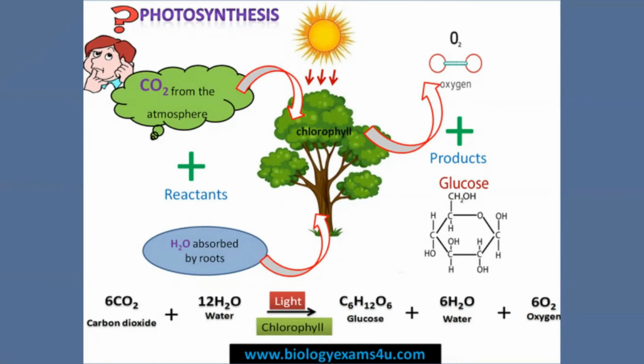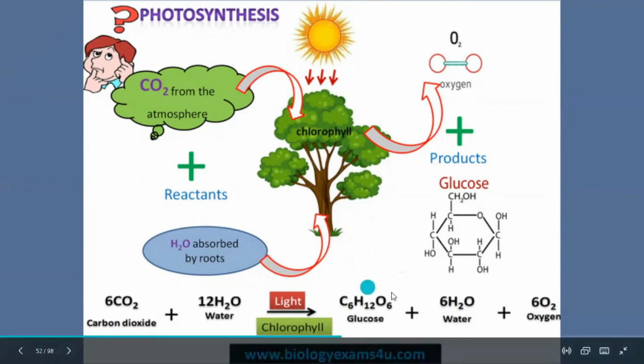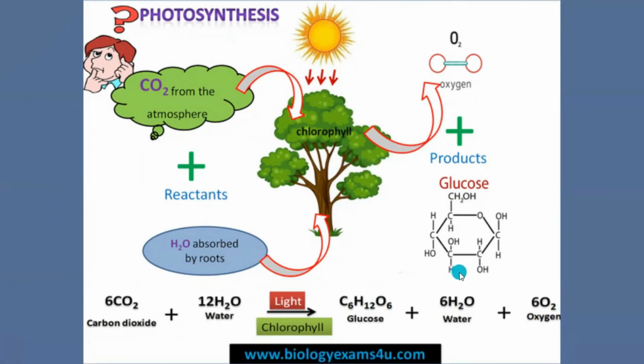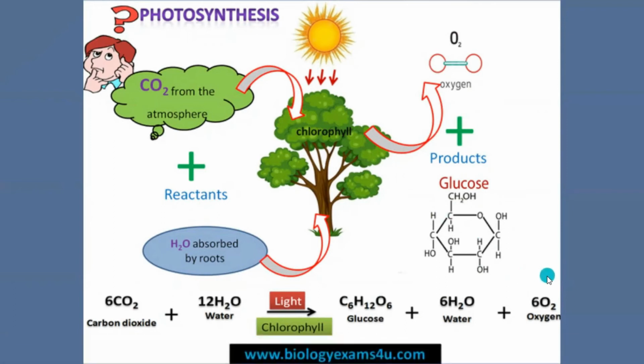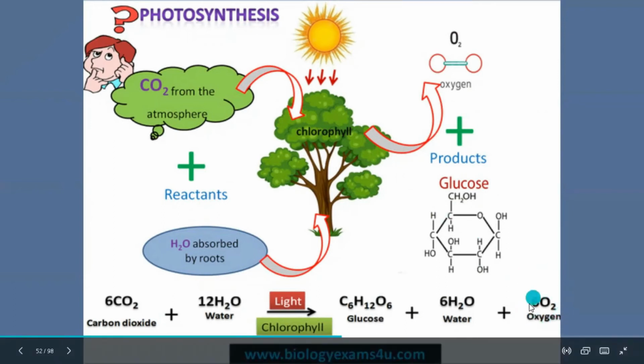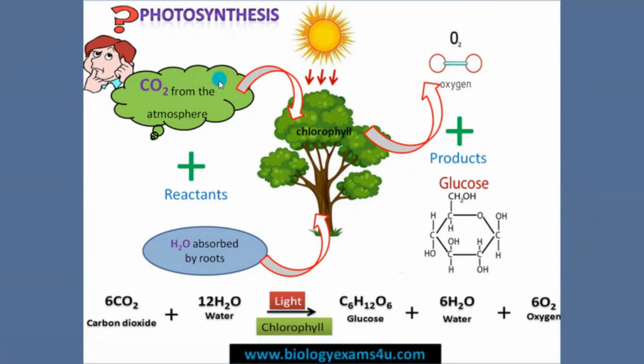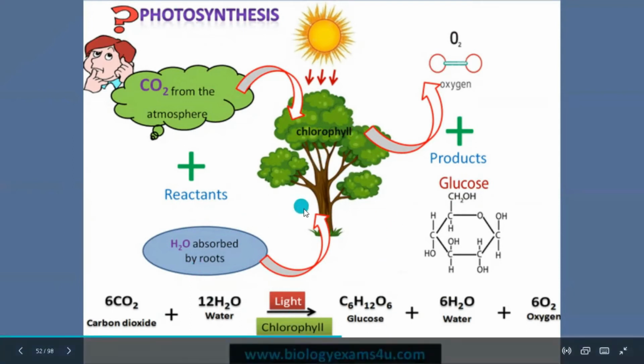Okay, and then it will be acted upon by light and it will produce glucose, water, and oxygen. So ito yung byproducts niya. Ito yung oxygen, yun yung nire-release ng plants sa atmosphere. Carbon dioxide, yung kinukuha niya sa atmosphere. So yung site ng photosynthesis, nangyayari to lahat sa chlorophyll.